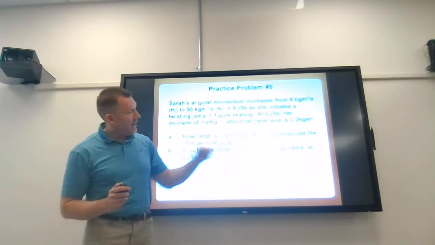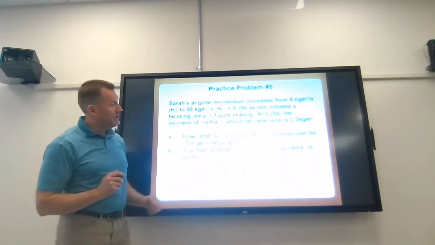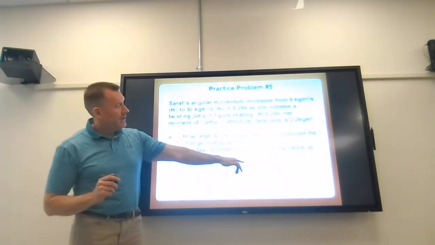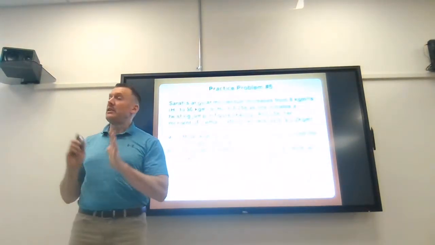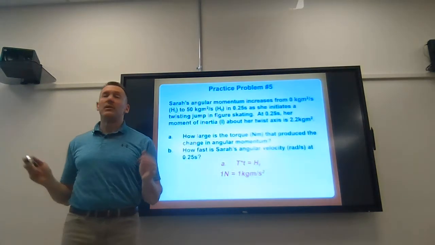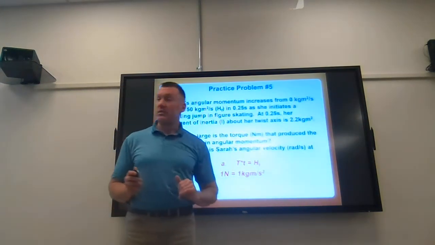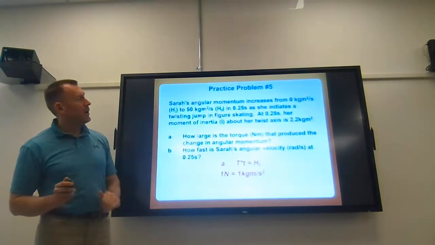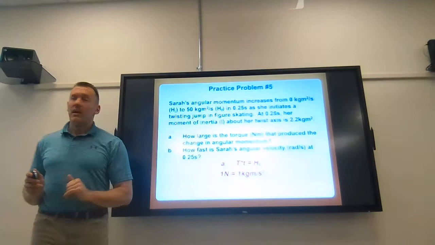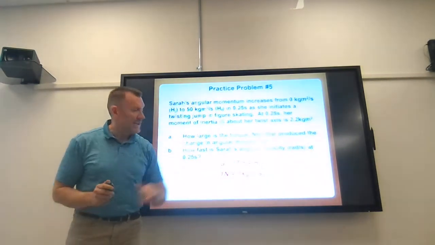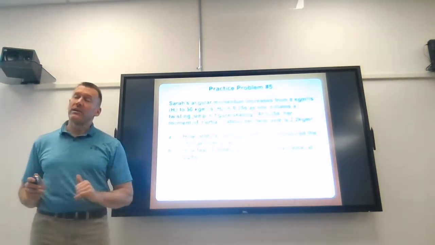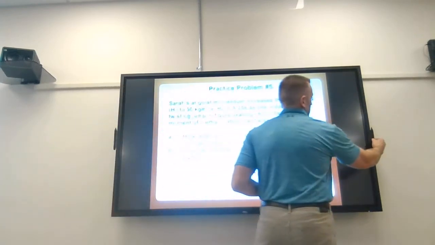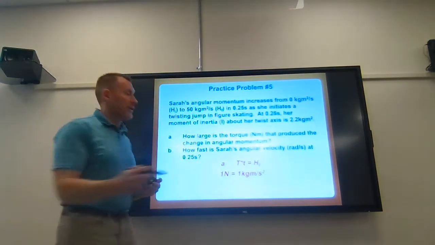So we have a torque applied over a time interval, which is equal to the change in angular momentum, but because the initial is equal to 0, we can just consider the 50 kilogram meters squared over seconds. And in this case, the way that we're setting this up, we're asking for torque. So when you do this problem, how do we solve for torque?